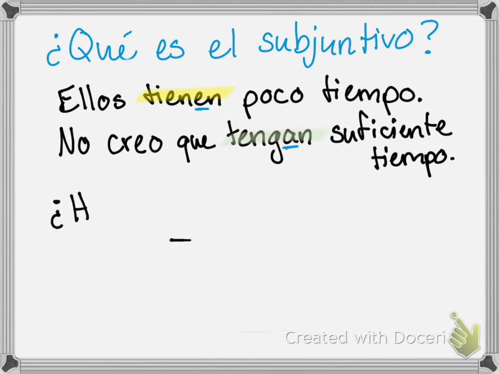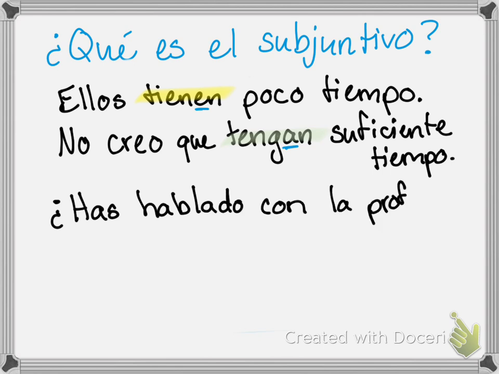There are very few that don't completely change or don't appear to change. For example, the verb haber, has hablado, if we're talking in the present perfect tense, has hablado con la profe o la profesora. Have you spoken to the professor? Has hablado. So has is the present perfect, el tiempo compuesto del presente. It comes originally, though, from the verb haber. And when I put this into the subjunctive, it is a little bit different, and it's a very common one, so I wanted to bring it up.